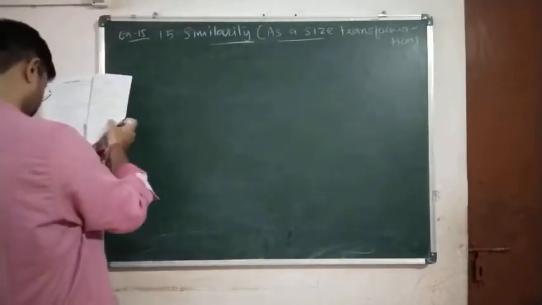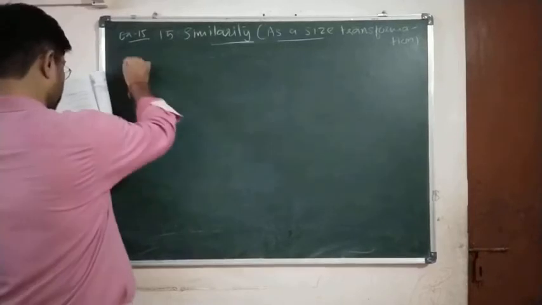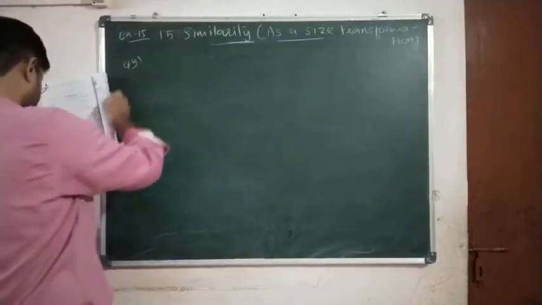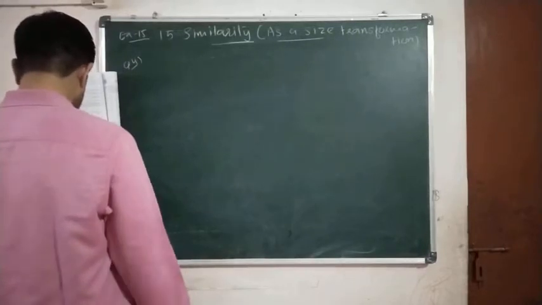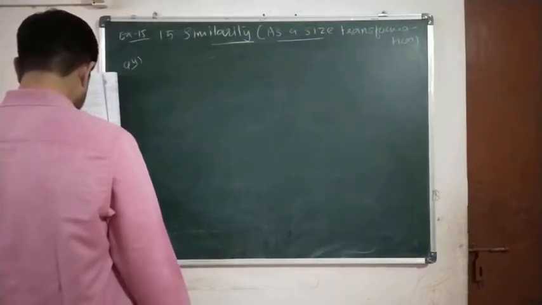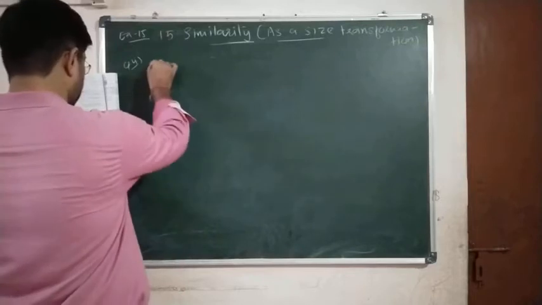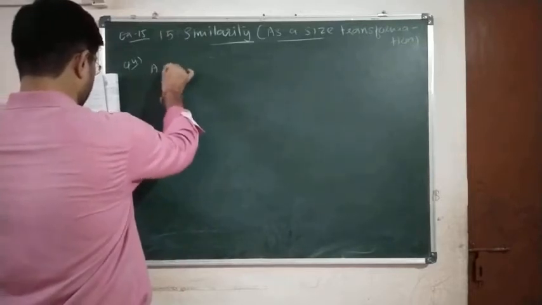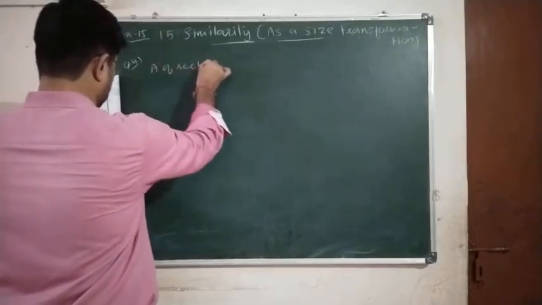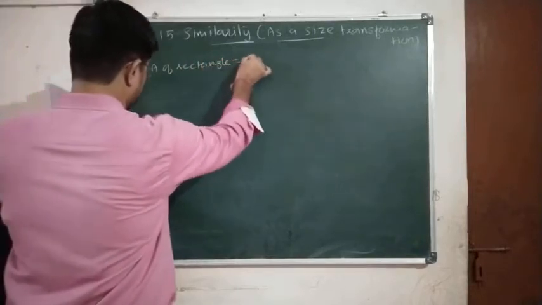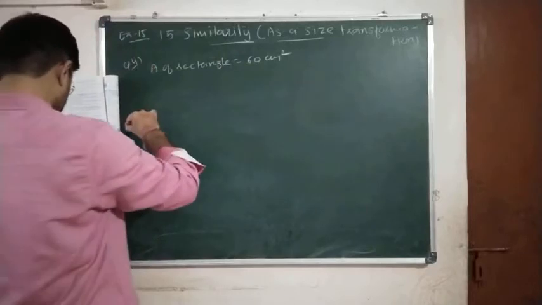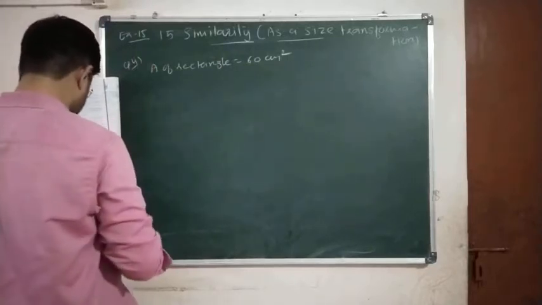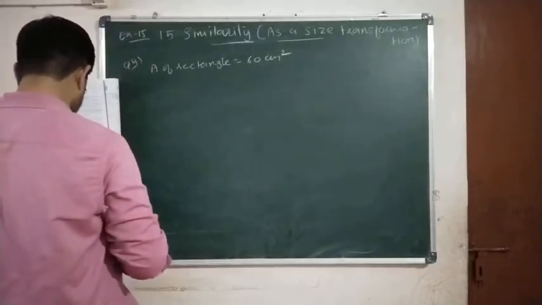Okay, now question number 4. A rectangle having an area of 60 square centimeter is transformed under enlargement about a point in space.